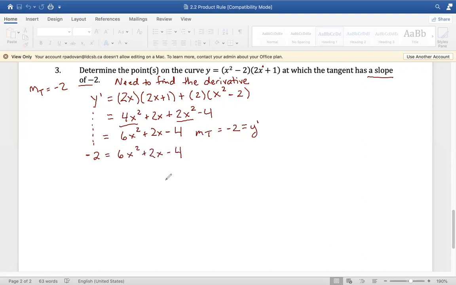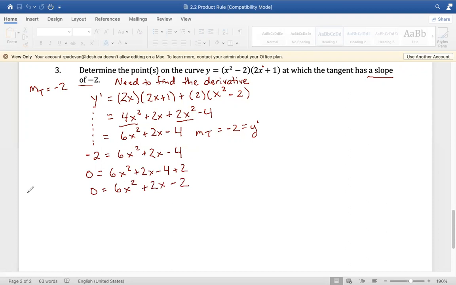And then we might be thinking, well, what do I do from here, right? If I were to bring the -4 over and I have -2 plus 4, then I end up with 6x squared plus 2x. And where is that going to leave me? So I might be able to solve for x by factoring if I put 0 on this side and simply bringing that -2 over to be a +2. So I have 0 equals 6x squared plus 2x minus 2.